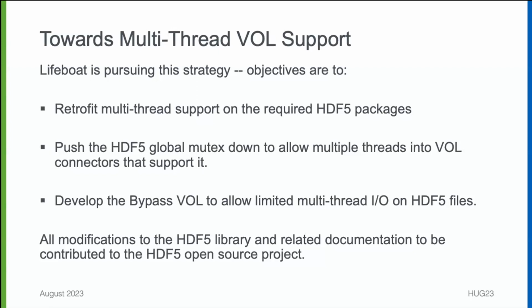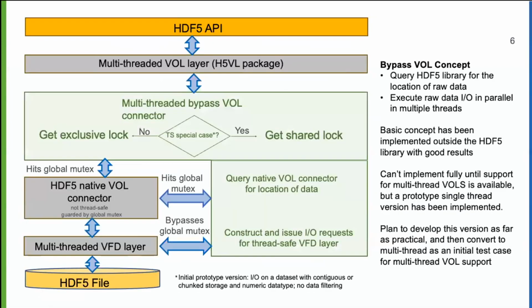I mentioned the bypass VOL, so I should go over that very briefly. There's been some discussion about there being two types of VOLs, terminal VOLs and pass-through VOLs. The bypass VOL is basically the idea, which has been applied for some time, that if you query the HDF5 library, you can find the location data.